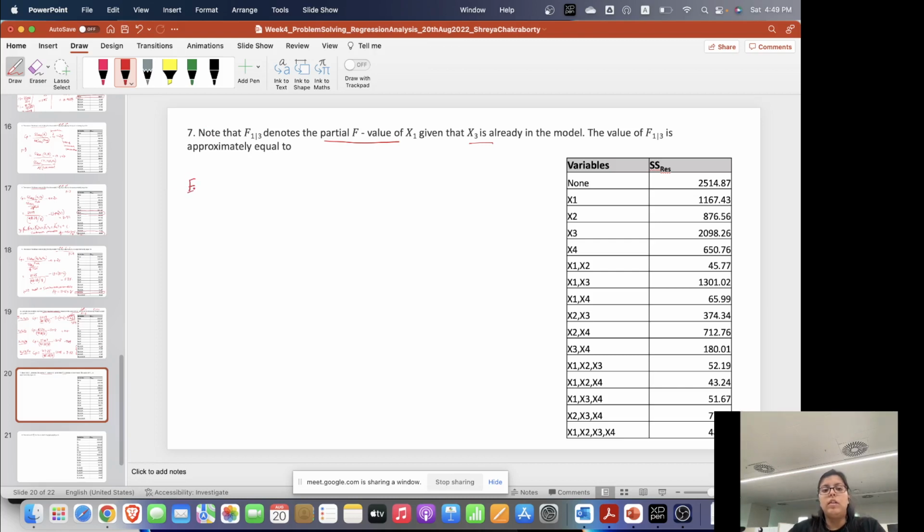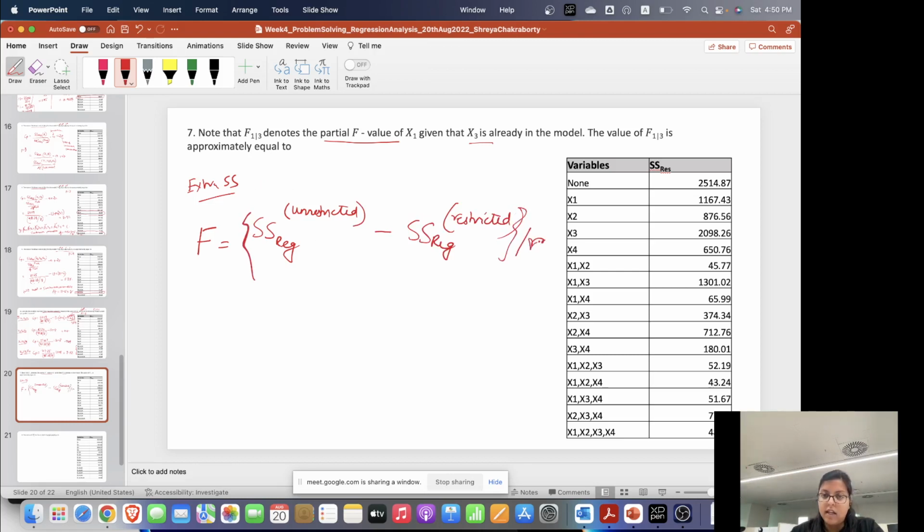If you remember the extra sum of squares technique, then you would remember that the F statistic can be computed as the sum of squares due to regression from the unrestricted model minus the sum of squares due to regression from the restricted model, divided by r, the number of restrictions in our hypothesis, by MS residuals from the unrestricted model.